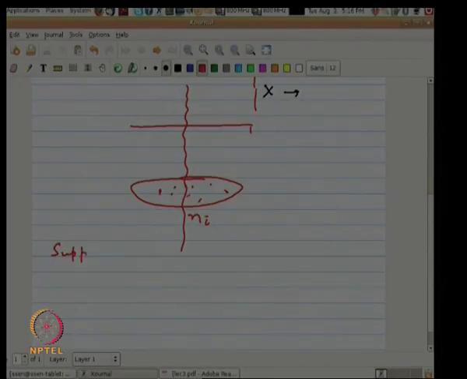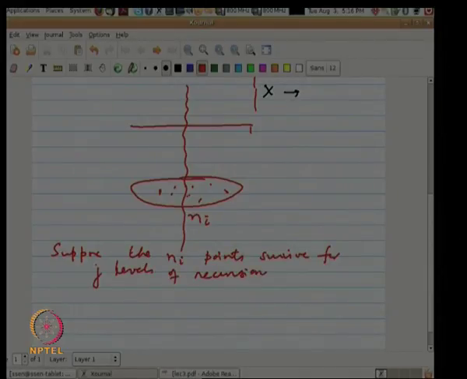So, essentially what we are saying is that suppose the n I points survive for j iterations, or j levels of recursion, let us say. So, what can we claim about this j?